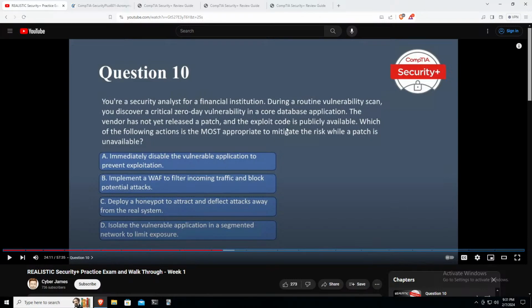That would affect business operations. The vendor has not released a patch, and yeah, so you would isolate this particular application. Going with D. Let's see if we're right.